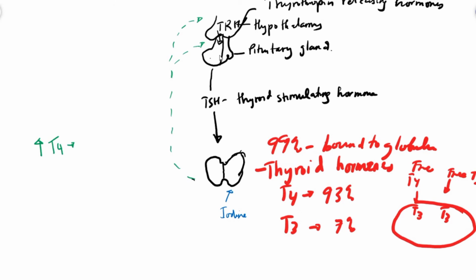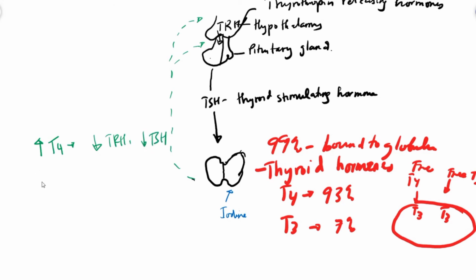The pituitary gland will secrete less TSH, so there's not going to be more production of thyroid hormones. It will in turn make the thyroid hormones go back to normal. So if you have increased T4, you will have less TRH and less TSH.